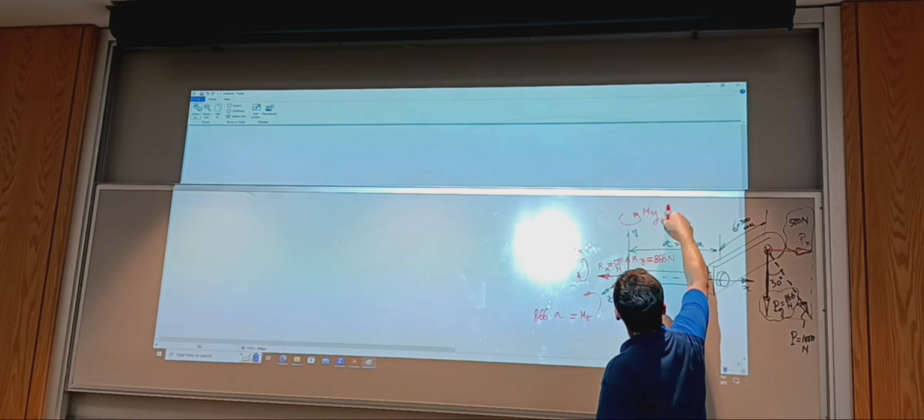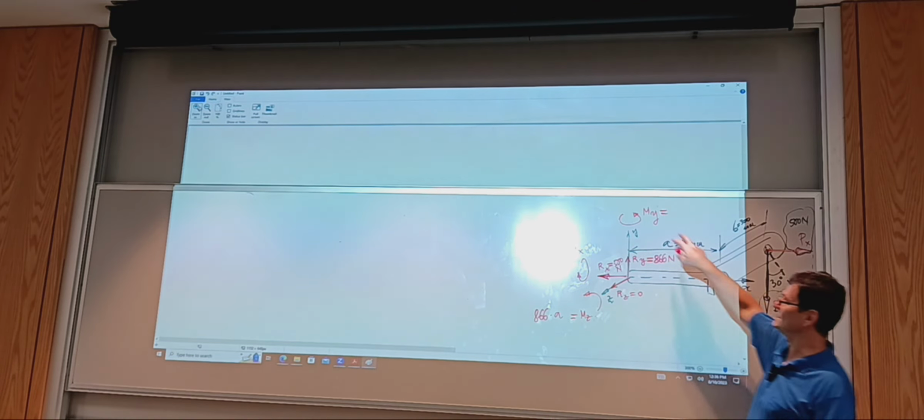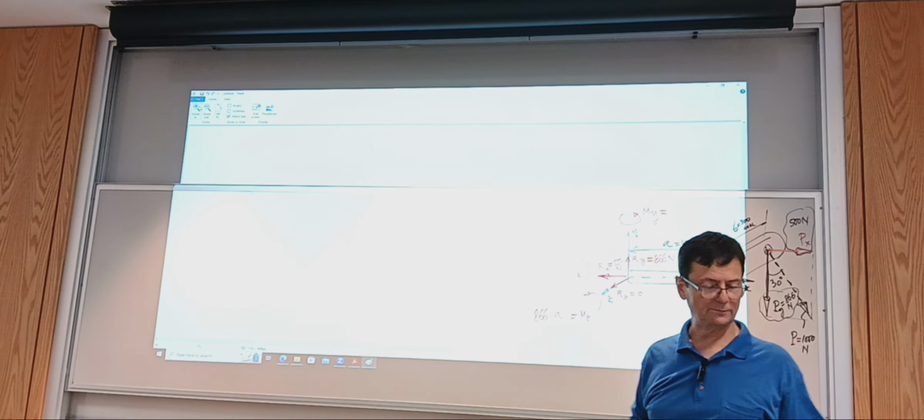And this one was 0 before, but not anymore now because of the horizontal force. How big is this moment, and what kind of effect does it have upon the beam?